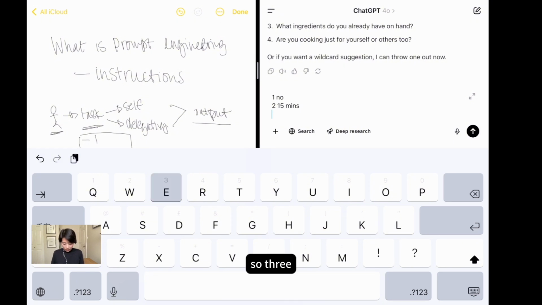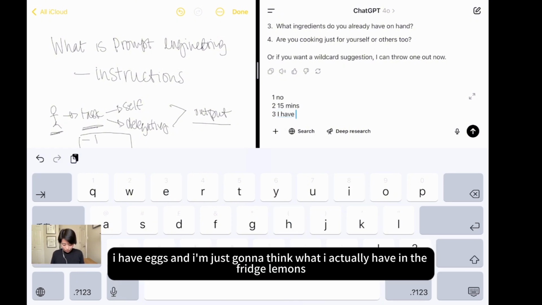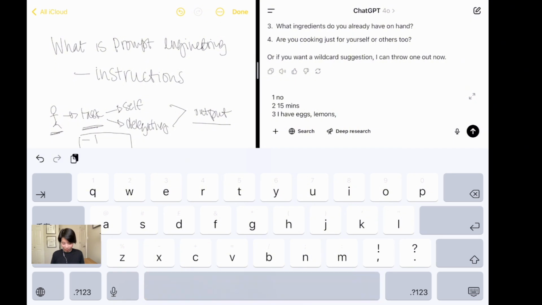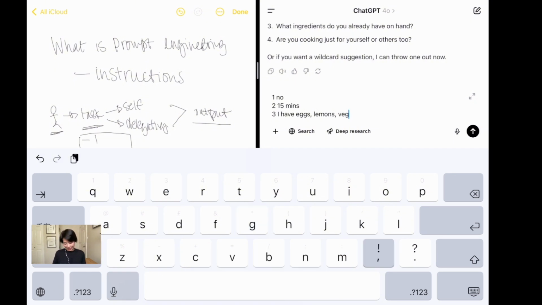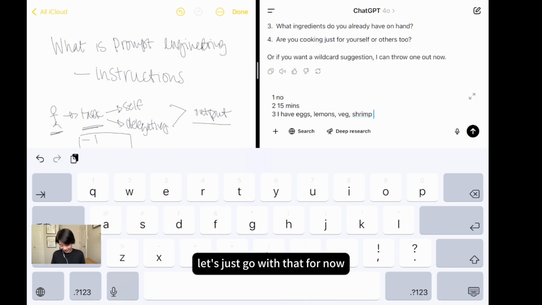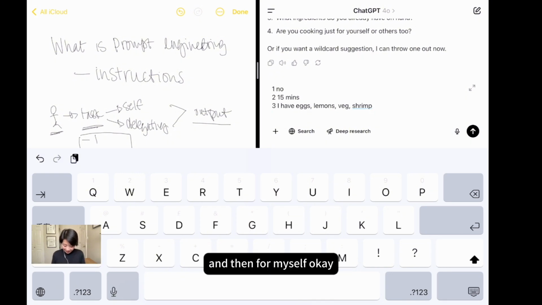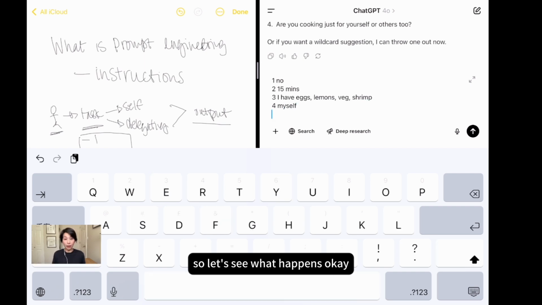So 3, I have eggs. I'm just going to think what I actually have in the fridge. Lemons, veg, really nondescript here. Shrimp. What else? Let's just go with that for now. And then 4, myself. Okay, so let's see what happens.